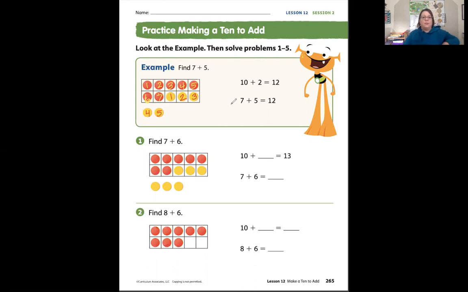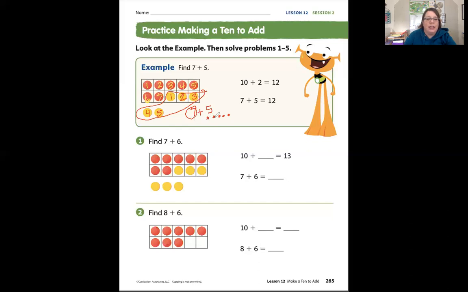So when they added 5 more, you can see that they went to fill up that 10 frame first, right? So if you have 7 plus 5, think about what 7 is. How many more do you need to get to 10?